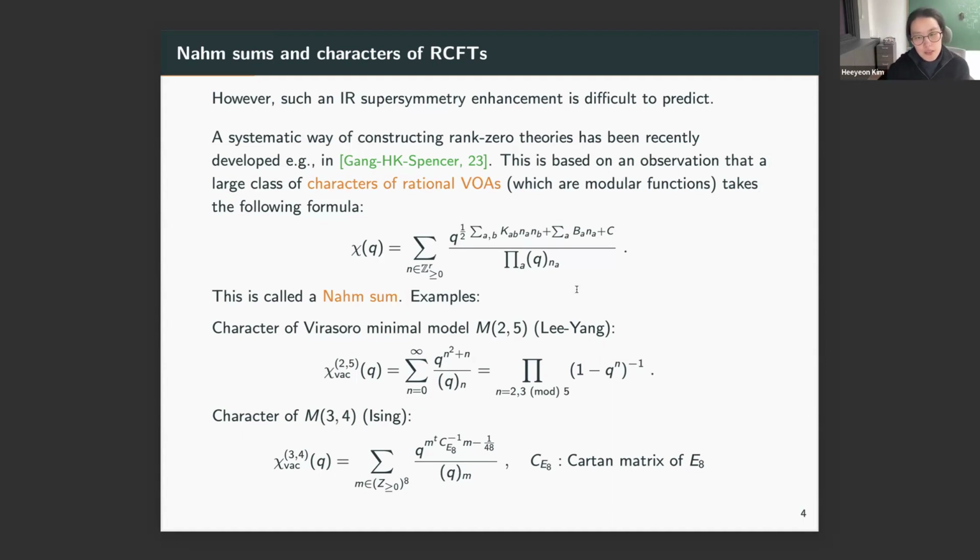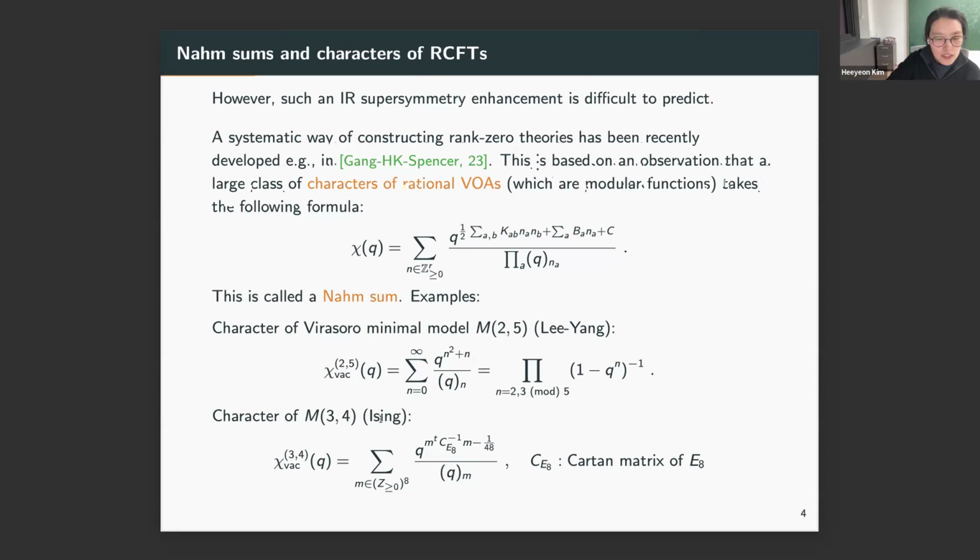And here are some simple examples. The characters of the Virasoro minimal model M(2,5) that I mentioned before can be written in this simple form, and this identity is called the Rogers-Ramanujan identity.